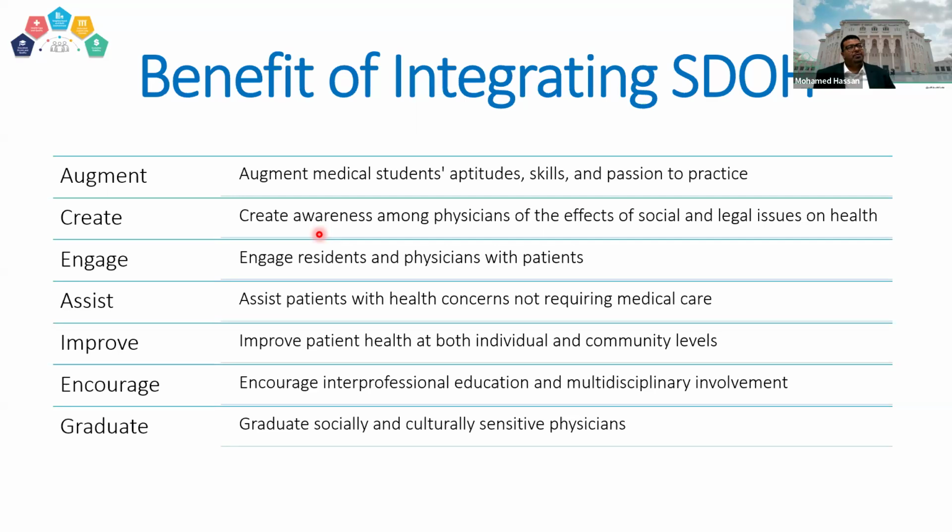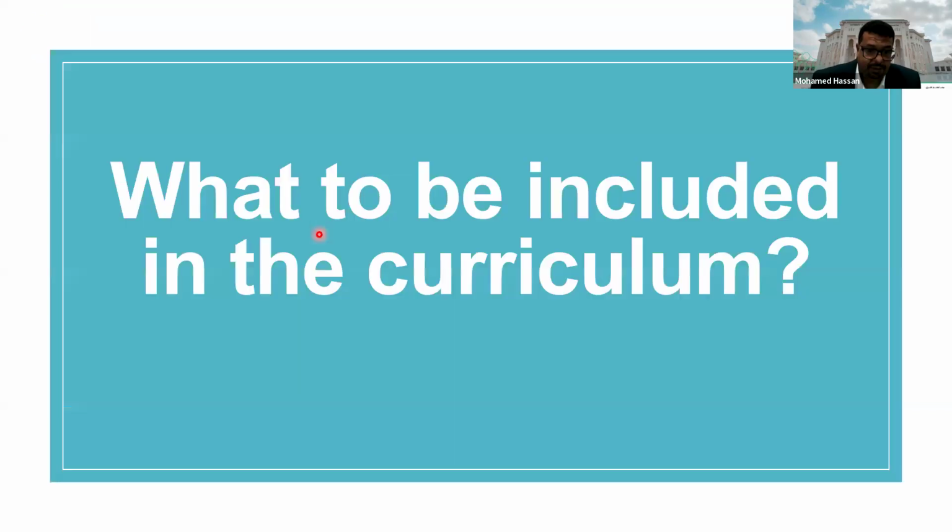It was also found that it assists patients with health concerns that do not require medical care, and it improves patient health at both individual and community level. It encourages interprofessional education, which is highly needed, and multidisciplinary involvement, and it will help us to graduate socially and culturally sensitive physicians.